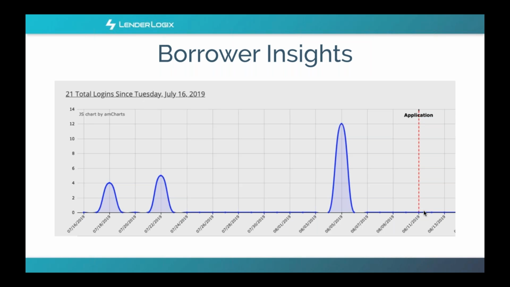Now, if I'm the loan officer, having the knowledge that that was happening at that point in time gives me a tremendous advantage to reach out to my borrower and make sure I'm answering their questions, rather than just hoping that they call me after they sign a contract. The data informs what action I should take.